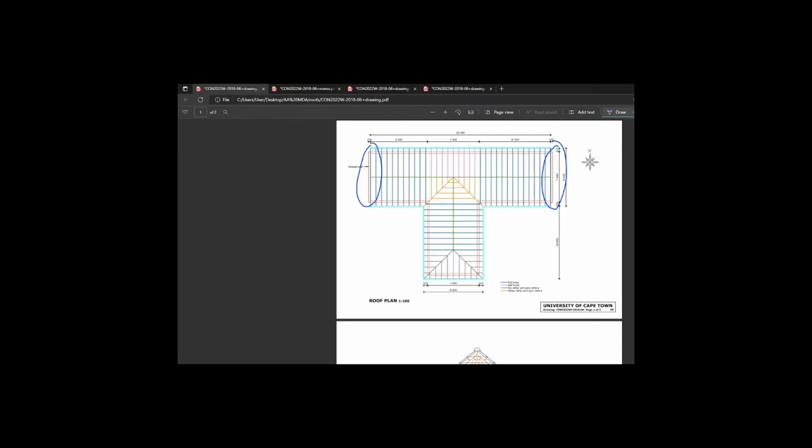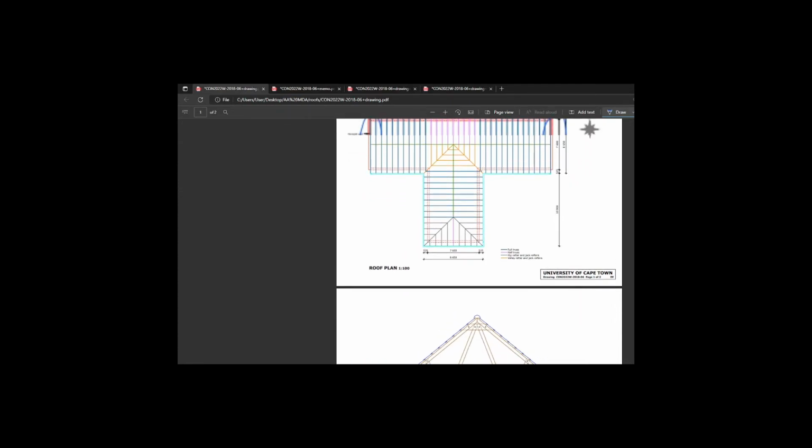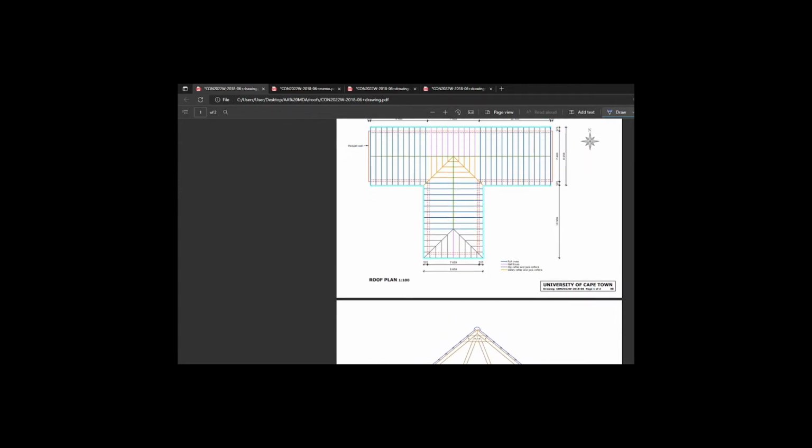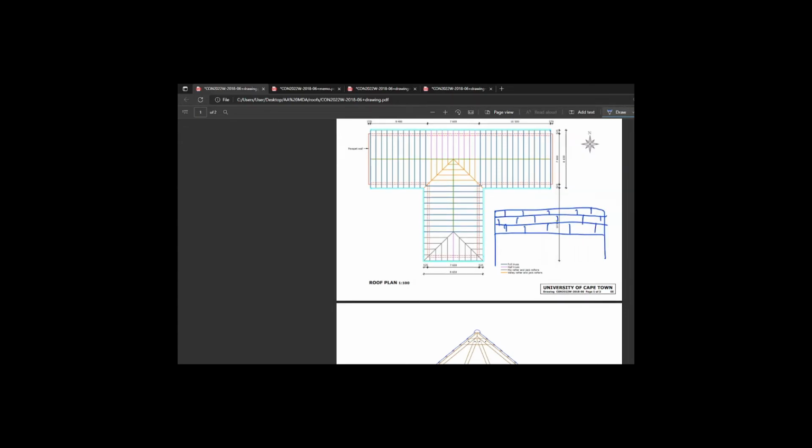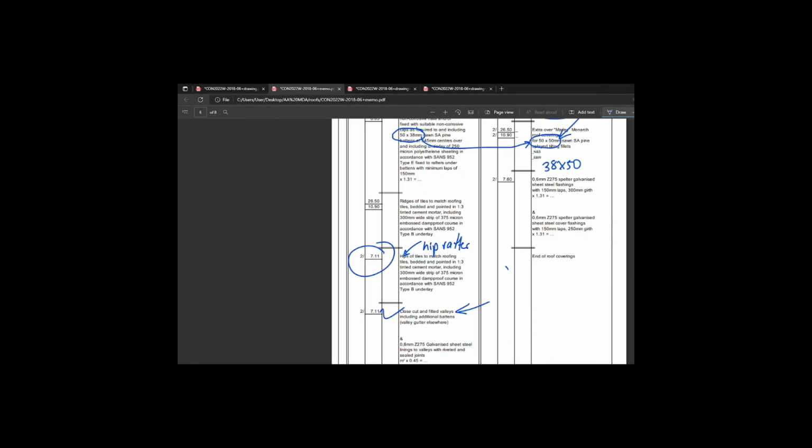Let's just break it down. What exactly is flashing? Well, you have your brickwork, and you will see this if you take a look at brickwork that meets roofing. It's quite clear why it is called flashing as well. It is bright, flashy, galvanized sheet steel.